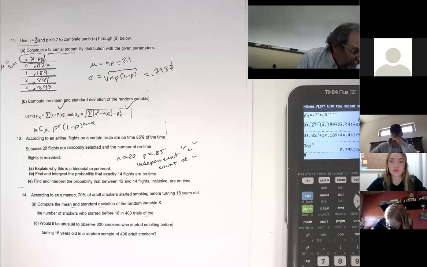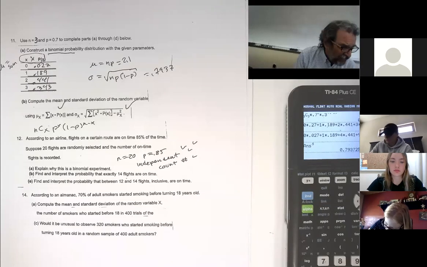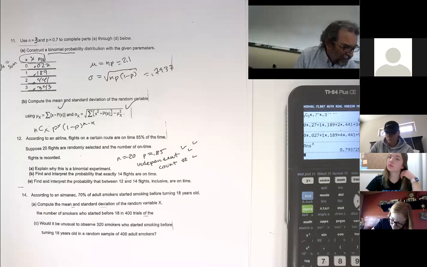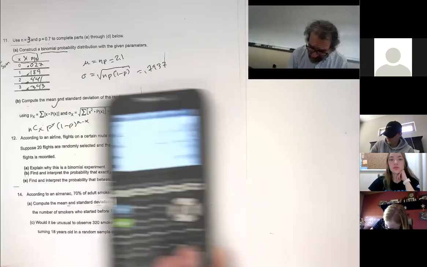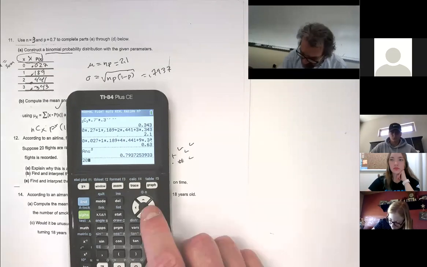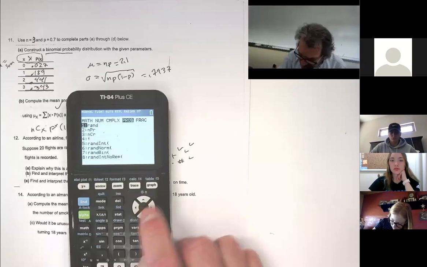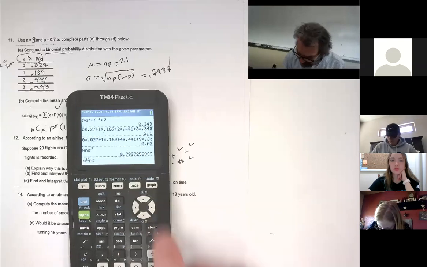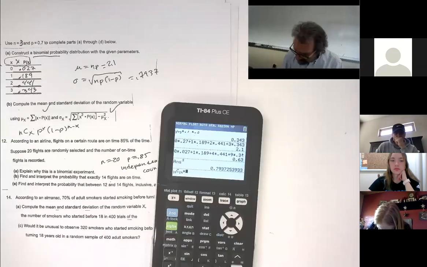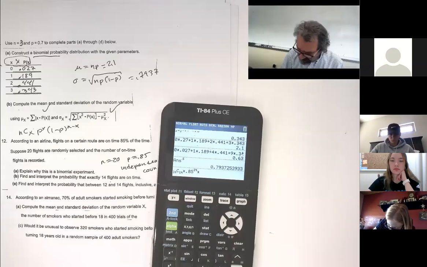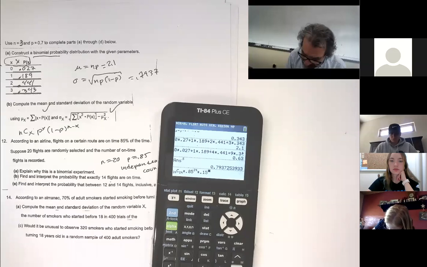Find and interpret the probability that exactly 14 flights are on time. In a large number of experiments of this type, we'd see about that many with 14 flights on time out of 20. We just use the binomial formula. 20, math, prob, NCR, 14. Then times 0.85 to the 14, times 0.15, and what's left over from 20, if you used up 14, is 6.